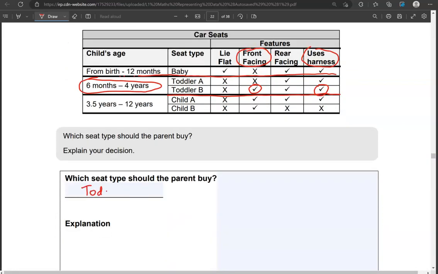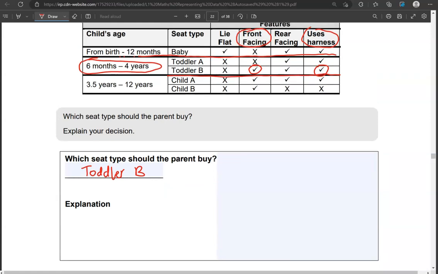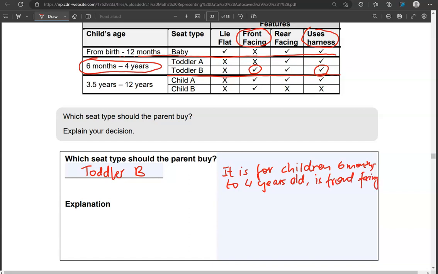So I'm going to say toddler B, and the explanation is that it is for children 6 months to 4 years old. Is front facing and uses harness.